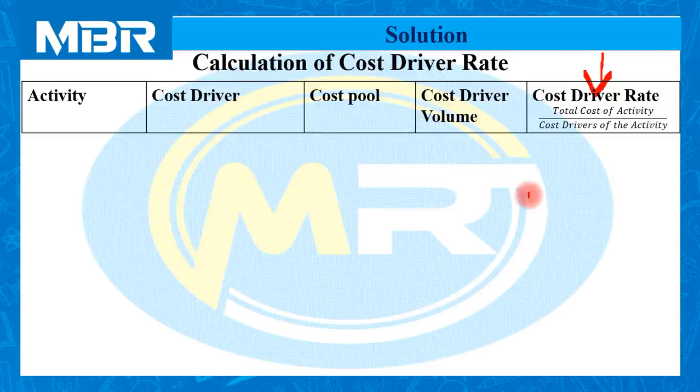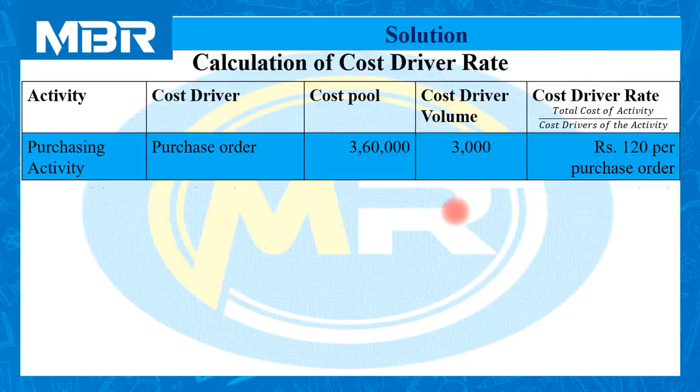Let us calculate for the first activity. The first activity is purchasing activity. It includes many different activities, but the major activity is related to purchase. Cost driver, as recommended by the examiner in the question, is purchase order. Total expenditure incurred on purchasing activity is rupees 3,60,000 and 3,000 orders are placed.